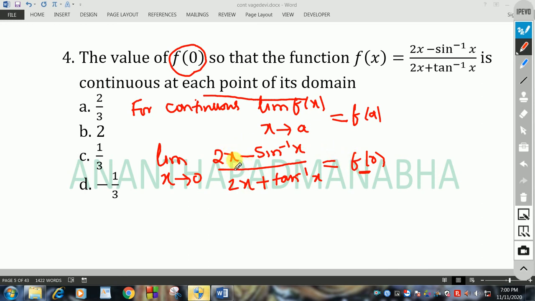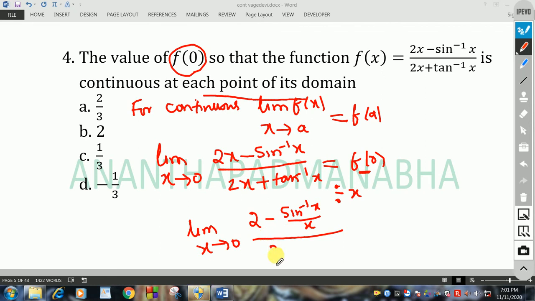Now I will divide both numerator and denominator by x. So we get limit as x tends to 0 of (2 minus sin inverse of x by x) whole divided by (2 plus tan inverse of x by x) is equal to f of 0.